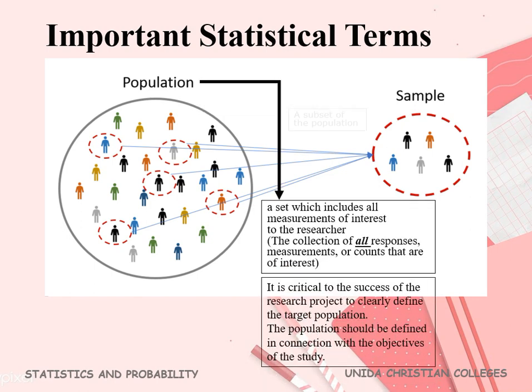And of course, we already discussed this, that the population is a set which includes all measurements of interest to the researcher. So, meaning the total number of members. Okay? Ayan. And then, as sample, it is a subset of the population. So, meaning, sila na yung mga na-select mo out from your population.